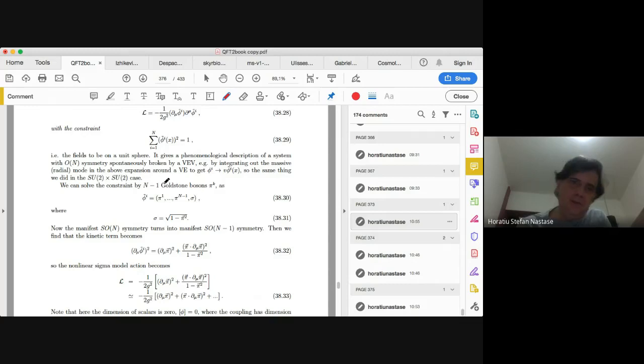So at nonlinear level I have to have this relation. By solving it, sigma is square root 1 minus pi squared. So if pi is small, then this is approximately 1 minus pi squared over 2.